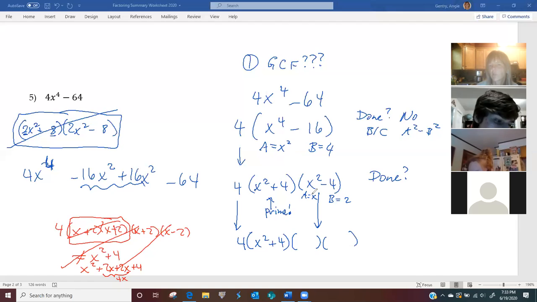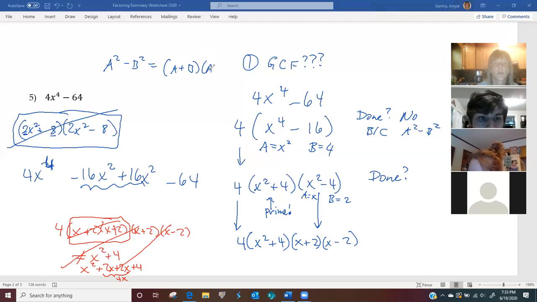So what you ask, what squared is x squared? Oh, x. What squared is 4? Oh, 2. And then you have your plus minus. And yes, some people put a minus plus. You know, a squared minus b squared is a plus b times a minus b.